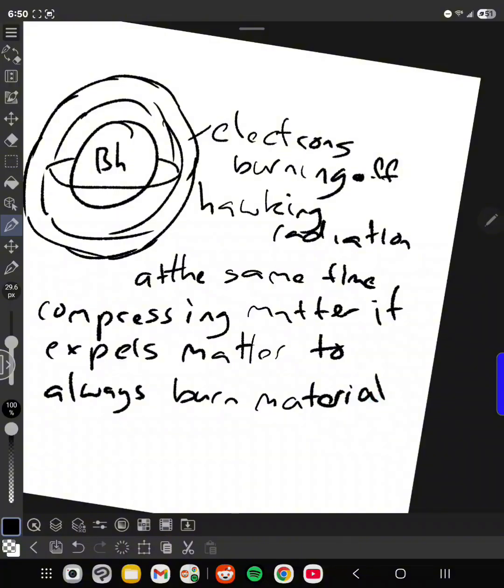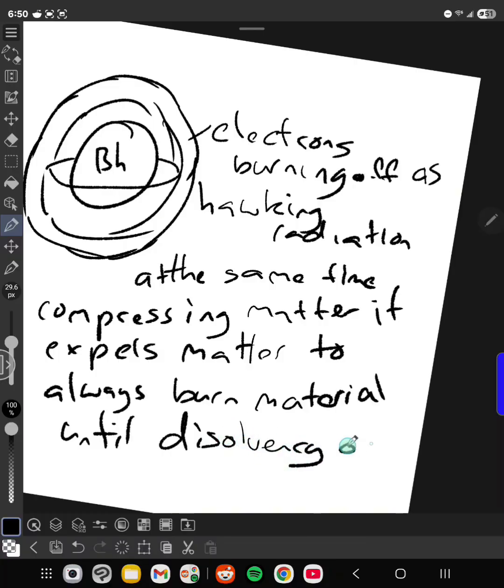Electrons burning off as Hawking radiation, yeah. At the same time, compressing matter, it expels matter to always burn material until, what is it? Dissolution? Dissolvency? Of the black hole.